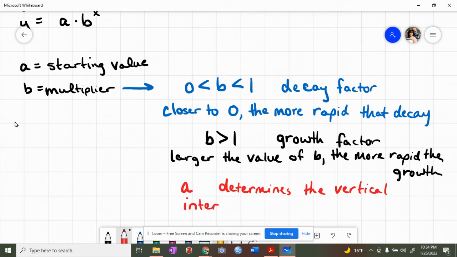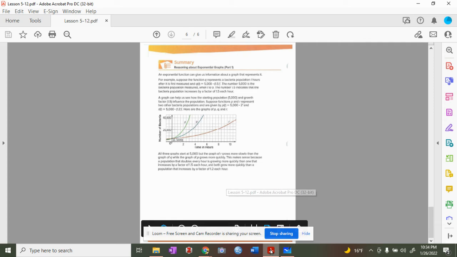Not an S, a C. Okay. We call this the vertical shift. So let's see what this looks like in action.